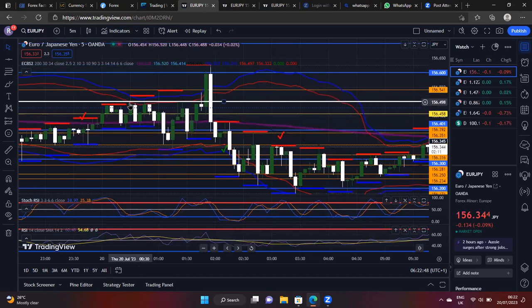Indicators communicate what's happening, in the way they understand it, to you in the form of signals, to give you a bit of understanding of what is happening in the market. But indicators are not 100% accurate.